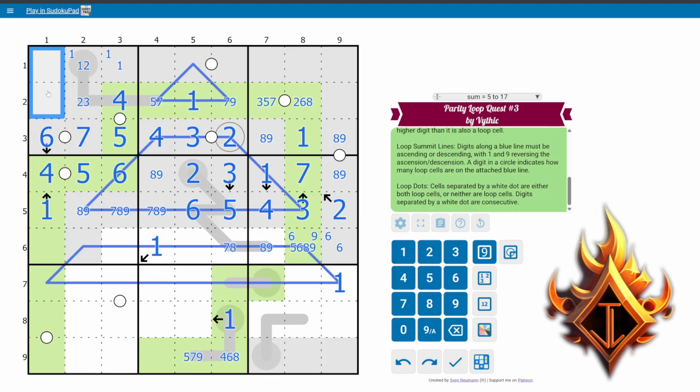We need 8 and 9. And a 2 and a 3. So that may be 8 and 9. Just not at the same time. Okay, so 8, 9.